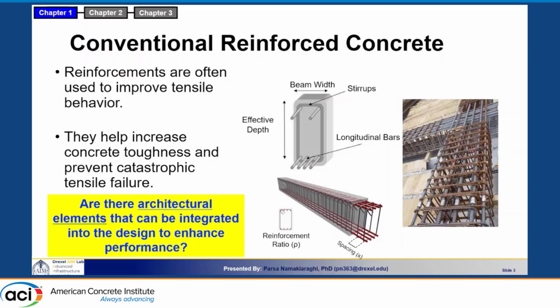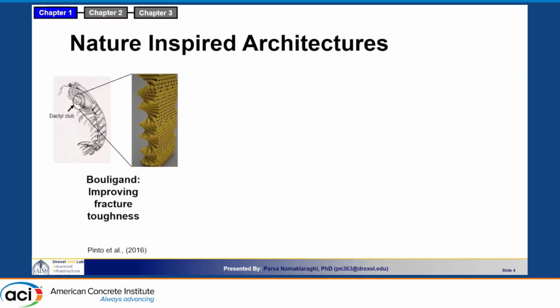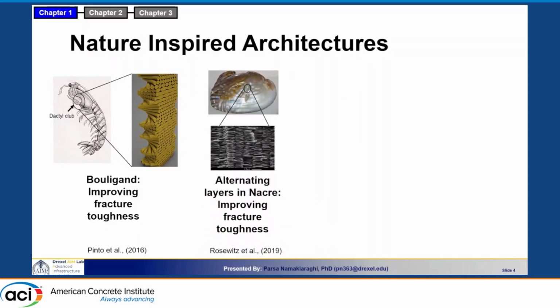Here the question we're asking is: are there architectural elements that we can find in nature to get inspired by, that can provide a better or a comparable mechanical advantage to our system? So the nature-inspired architectures that we looked into started with architectures at the micro level, like the Bouligand or alternating layers that we find in crustaceans and also in nacre.